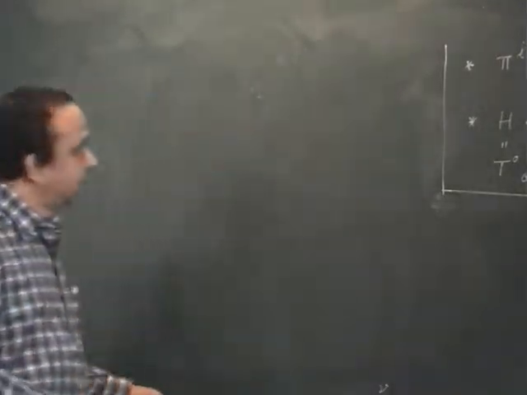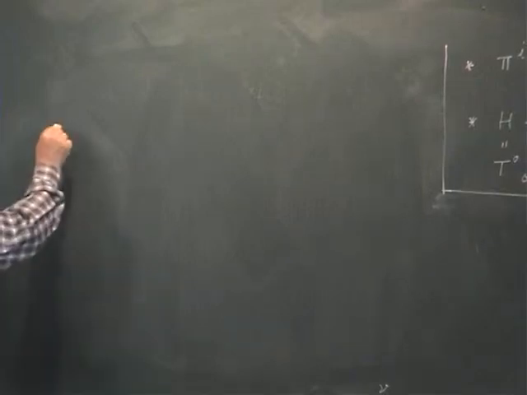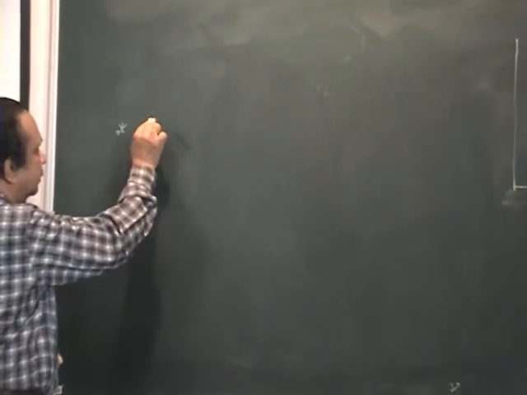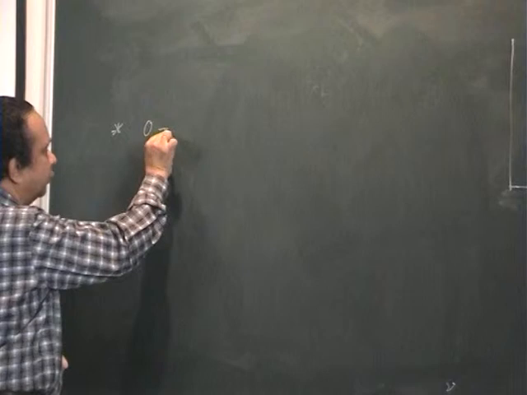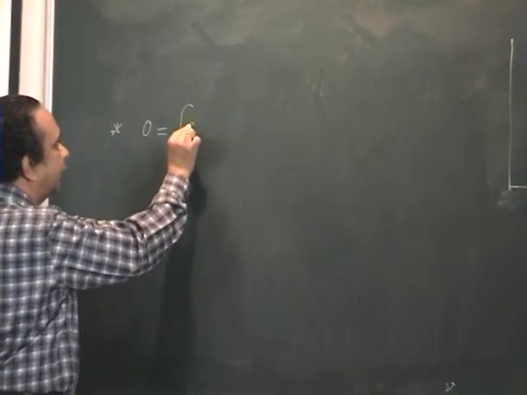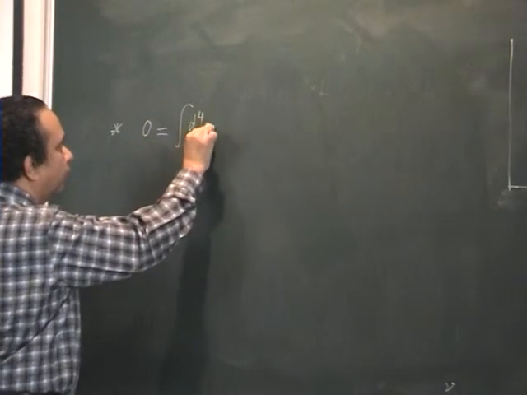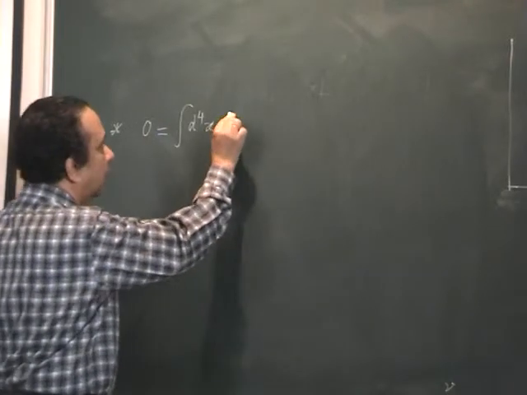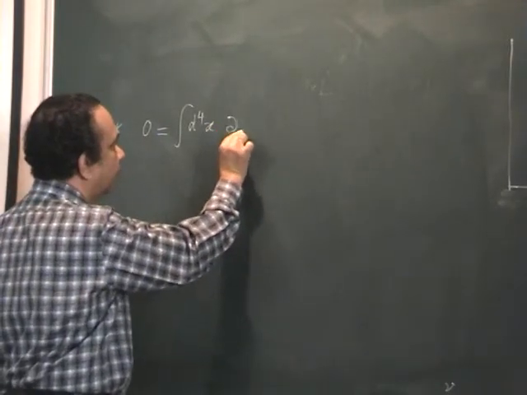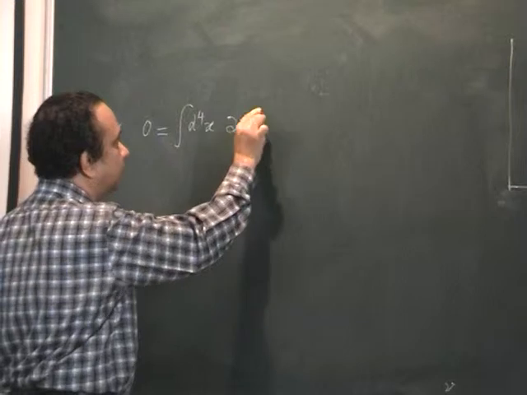What you will get here is that you are thinking of an integration of 0 equals the integral over d⁴x of ∂_A of T^AB.